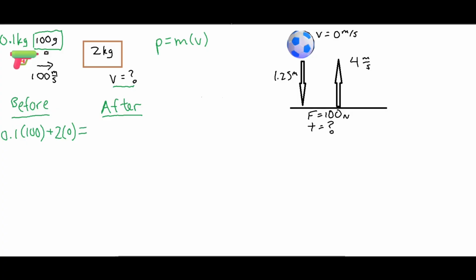Okay, now the sum of all the momenta before the collision is going to be the same as the momentum afterwards. Now, both the mass of the bullet and the block can be combined. The reason for this is because if it's embedding itself into the block, they're going to move as one single mass, so they're now kind of like one big mass combined with some kind of final velocity.